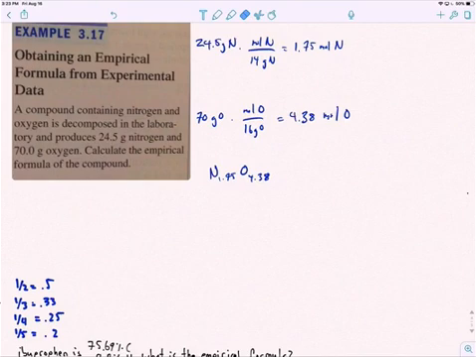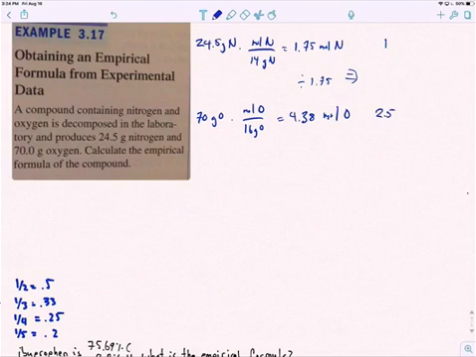So when you're dealing with atoms, you have to do a process called discrete mathematics, where everything has to be a whole number. So what you do is you divide both sides by 1.75, and in doing so you get a ratio of 1 to 2.5.